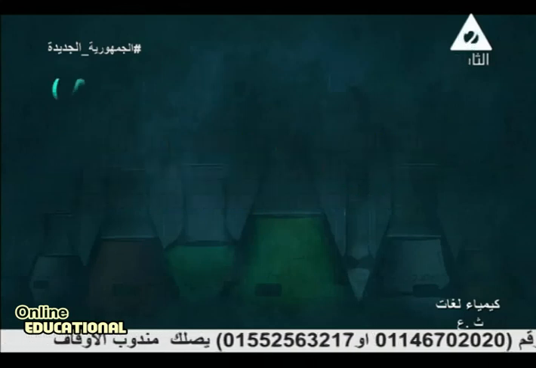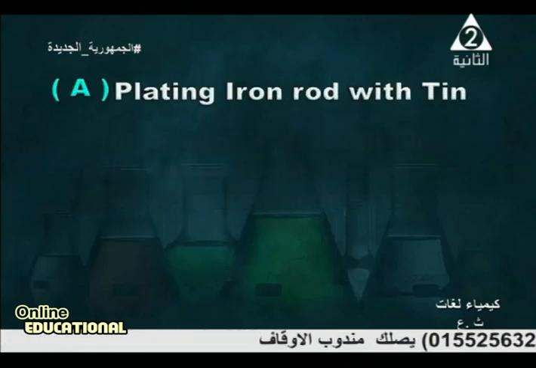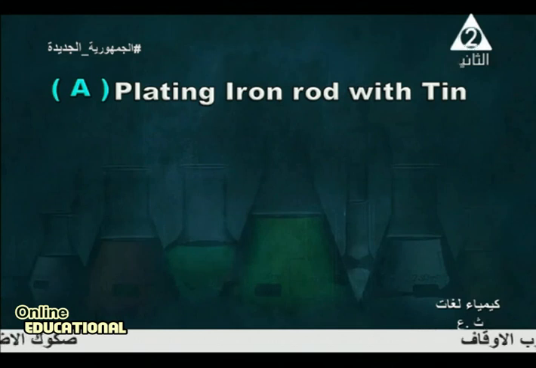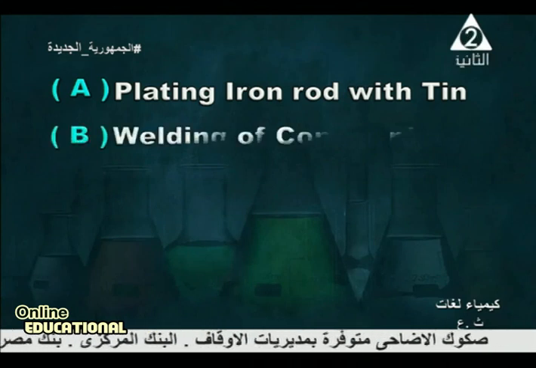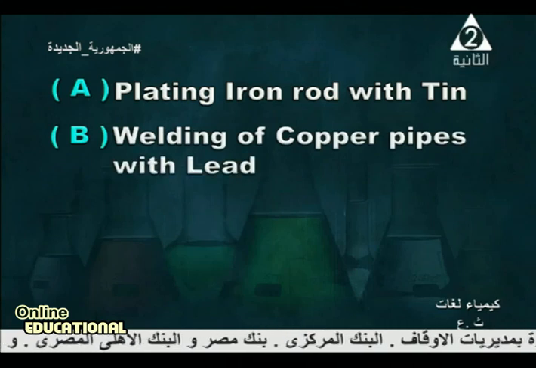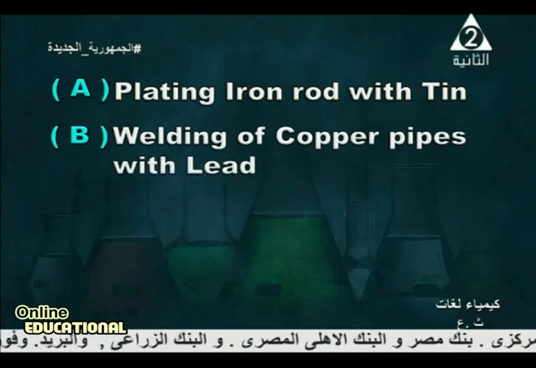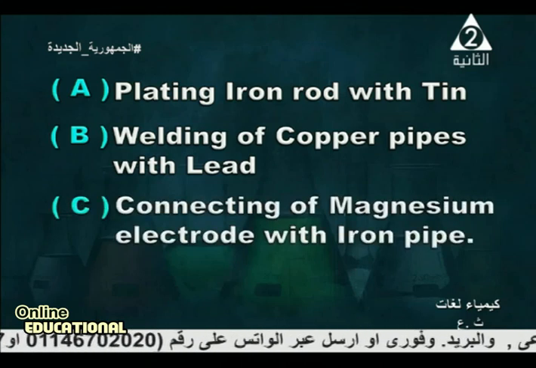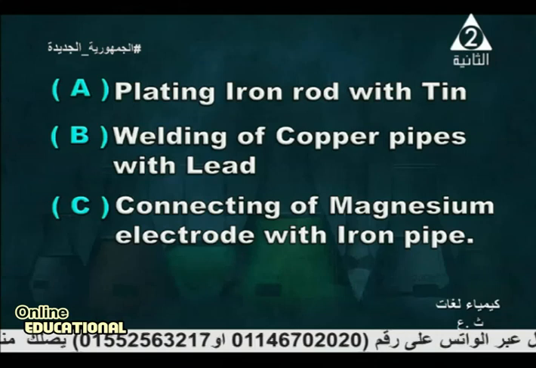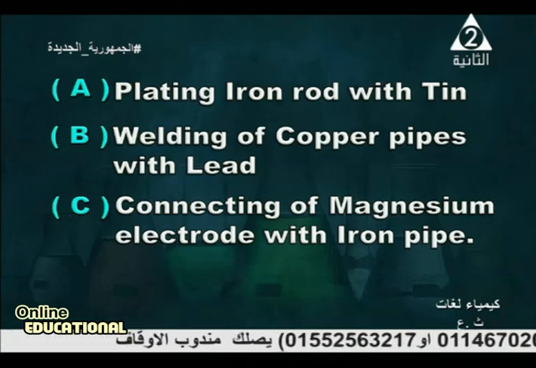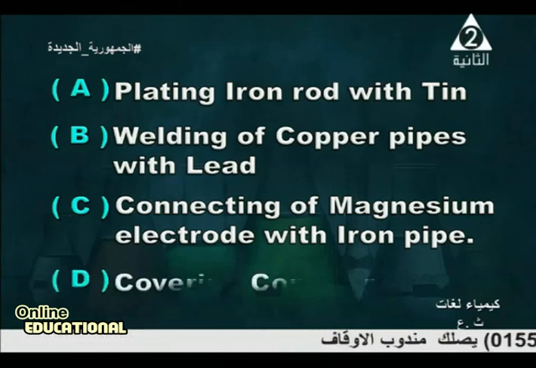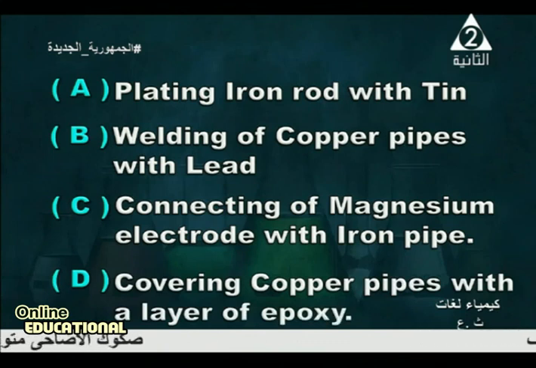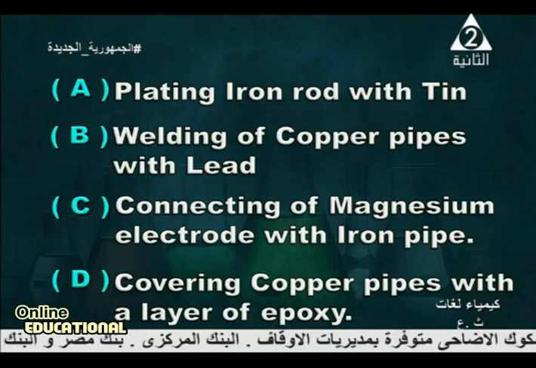I have here for number A, plating an iron rod with tin, or number B, welding of the copper pipes with lead, or number C, connecting of a magnesium electrode with an iron pipe, or number D, covering copper pipes with a layer of epoxy.